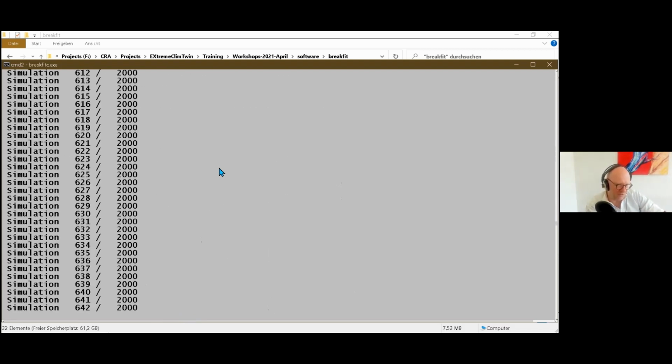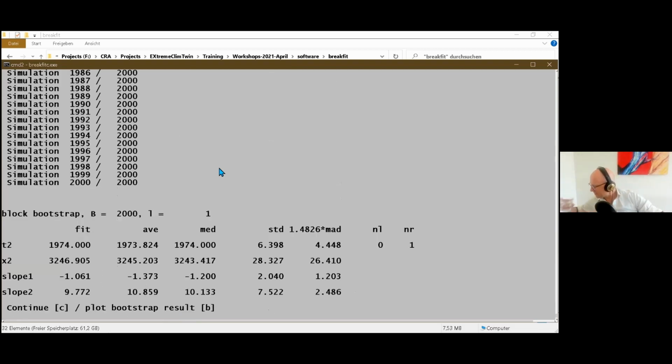And you see it runs. Maybe I get a map. Okay, and we are already here. We have now the change point time 1974. And this is a usual thing I look at, the standard deviation.